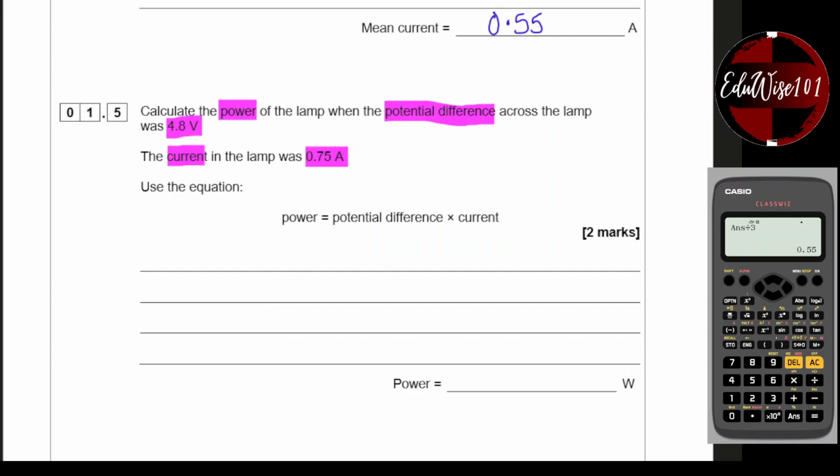They have given you the equation. So power is the potential difference, 4.8, multiplied by the current, 0.75. That would give you 3.6 watts.